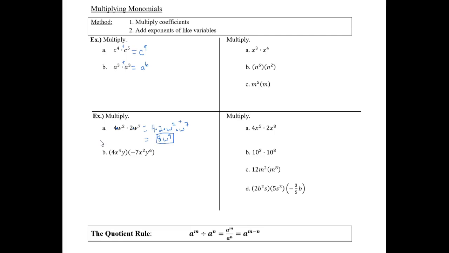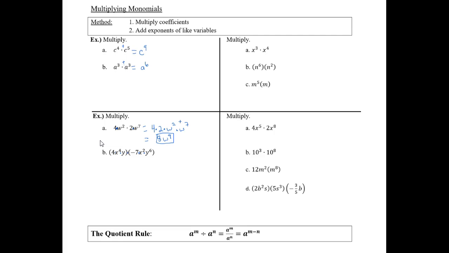Same thing in the part B example. Inside the first parenthesis, it says 4 times x to the 4th power times y. That whole quantity times -7 times x squared times y to the 6th. Again, this is all multiplication.